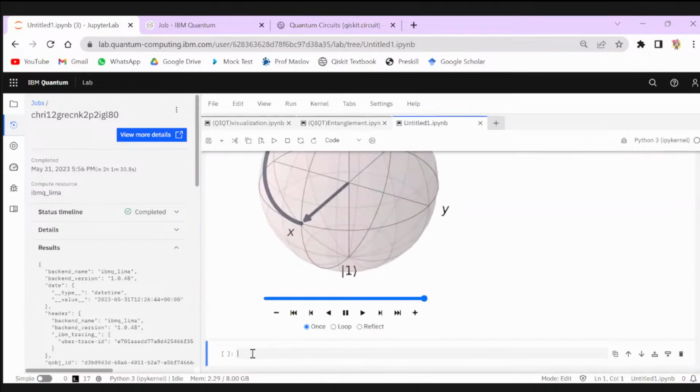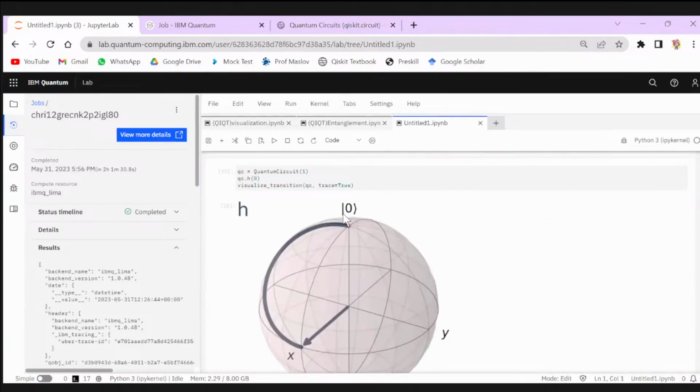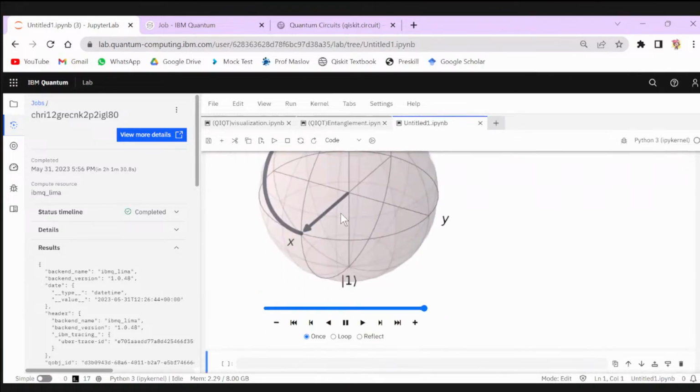We can also initialize this state. So we don't need to start with the 0 state. We can initialize our state to any arbitrary state. So let's try to initialize our quantum circuit. Let's define the quantum circuit.